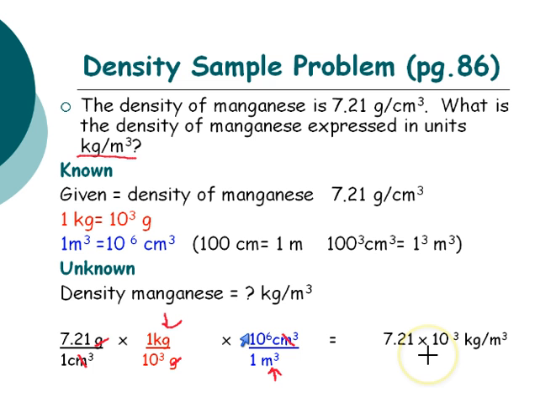And we do 10 to the 6 divided by 10 to the third. 6 minus 3 is 3, so that's how we get 10 to the third. Okay, so here we're changing 2 units.